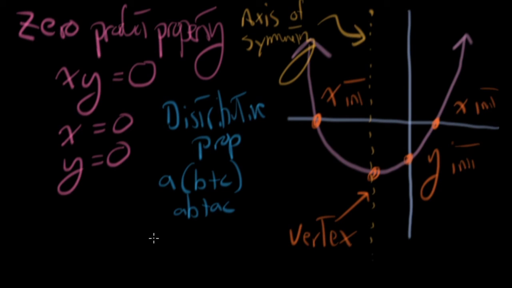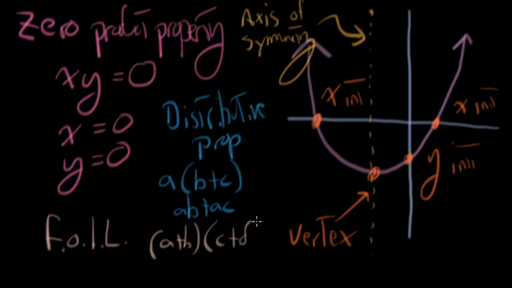Likewise, if you used FOIL, first, outside, inside, last, when you had A plus B times C plus D, you had to multiply everything together. So we're going to be using all this to figure out all this stuff. Are you with me? Well, if you're still watching, you are. So we're going to try that.